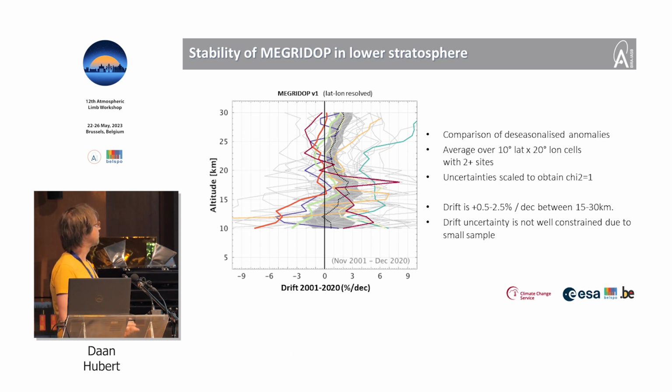And then this is showing all the cells where there is an ozone sonde site, but I color the ones where I have more than one site because, as you can see, there's a huge scatter, a variation of -4 to about +7% per decade, depending on the site or the cell. So it's always better to have more than one site to cancel these effects out.